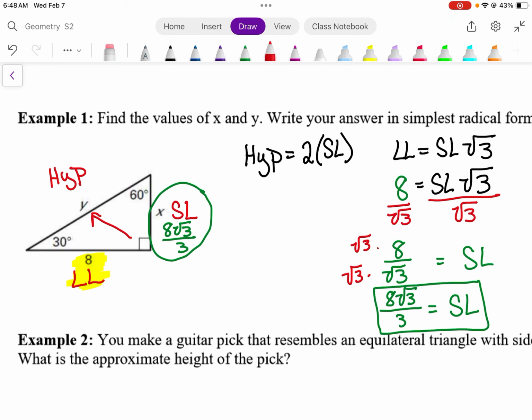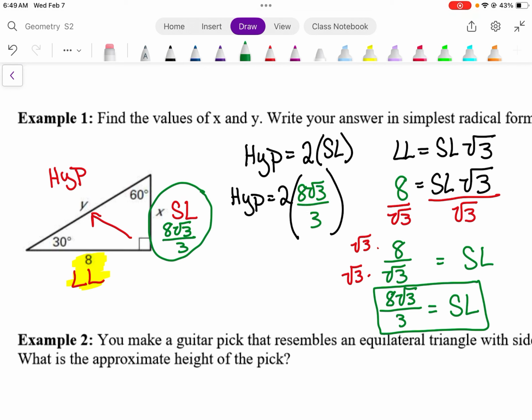Awesome. Once you know the short leg, then it's pretty easy to figure out the length of your hypotenuse. So we're going to take that and plug it into our formula for the hypotenuse. So the hypotenuse equals 2 times the length of our short leg. And our short leg is 8 square roots of 3 over 3.